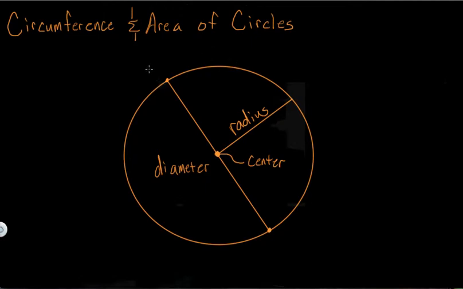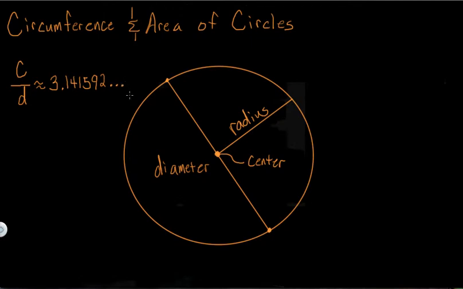There's a special relationship that we have between the circumference and the diameter of every circle. So the circumference of any circle, any size circle you can find in your house, anywhere, the circumference of that circle divided by that circle's diameter will give us an irrational constant that we can approximate as 3.141592, and so on and so on.